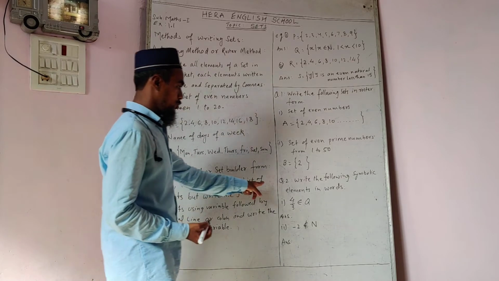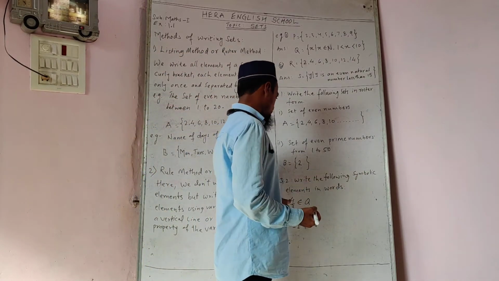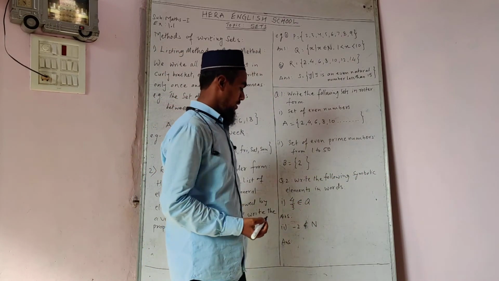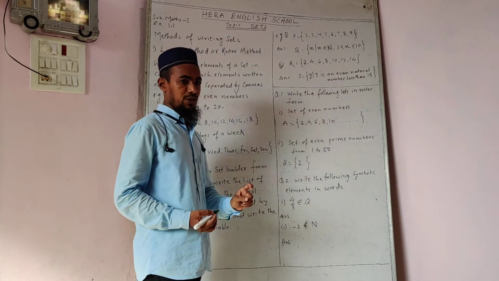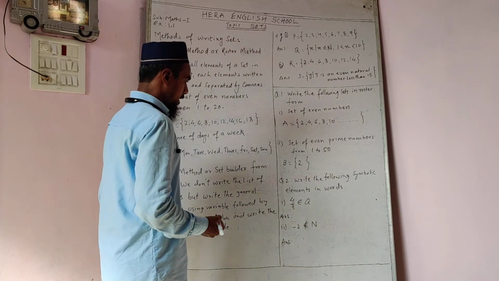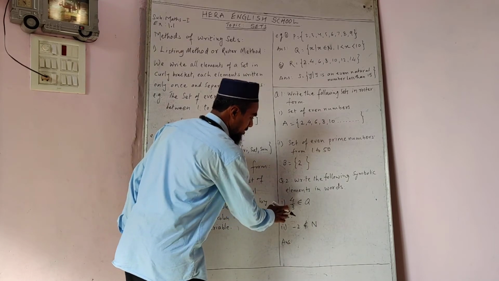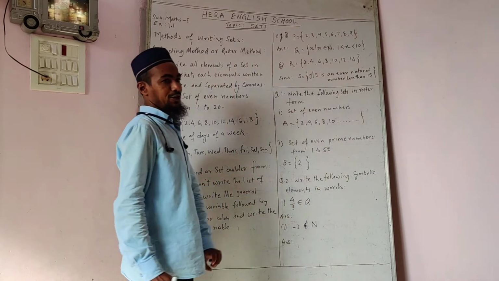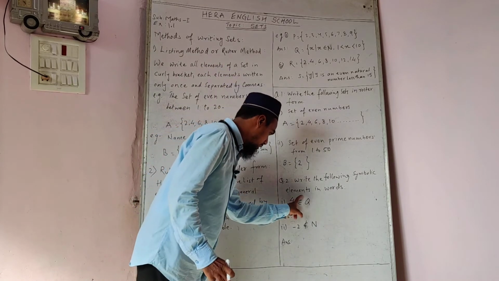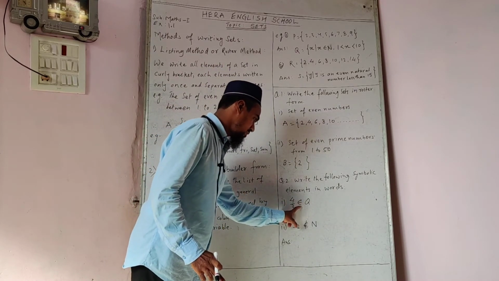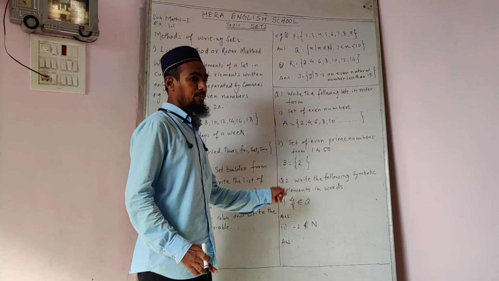Now see question number 2. Write the following symbolic statements in words. We have been given them in symbolic form, and we'll write the elements in words. 4 upon 3 belongs to Q. This is the sign of, how to read the sign? Element of, or belongs to.